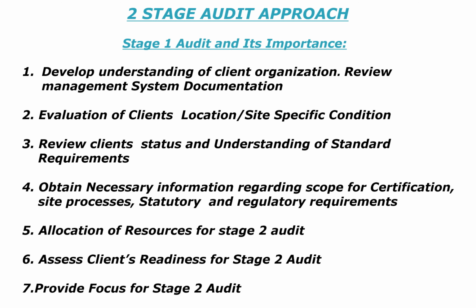They have implemented the management system standard and the necessary documented information that the standard requires to be maintained and retained is actually available. They are performing internal audit. They have implemented the management review process, and they have also implemented corrective actions that were raised during maybe the audit. So we assess the client's readiness for the stage two audit. We provide focus for the stage two audit.